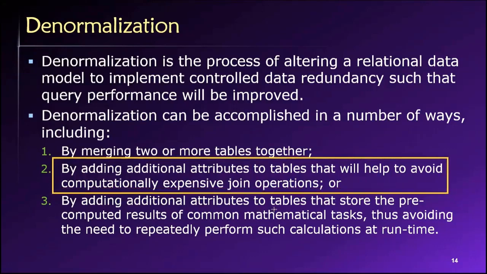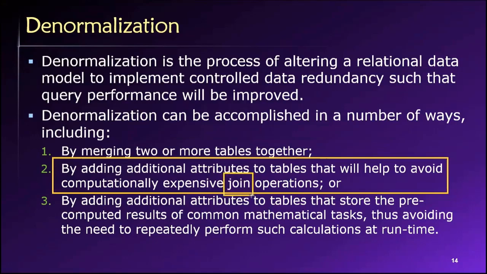So, our second approach, as I've highlighted here, is that we can add a new attribute to an existing table that will allow us to avoid the necessity of doing a join. Okay. So typically the performance bottleneck, that is the cause of the degradation in query performance, is the necessity of performing a join.